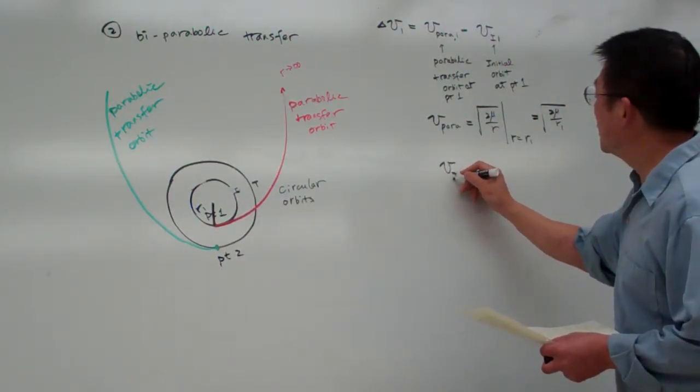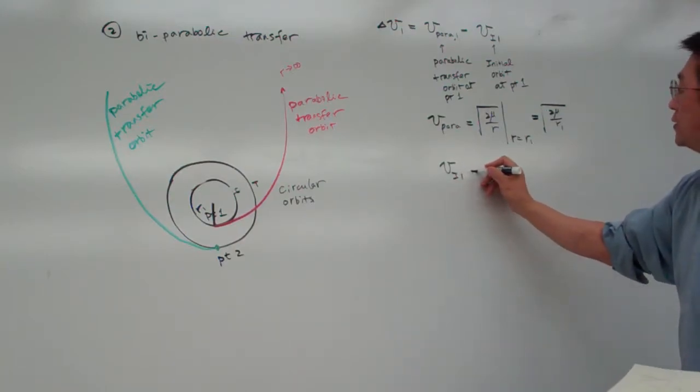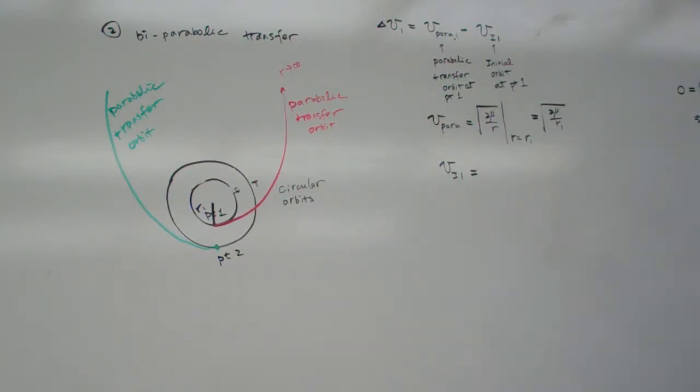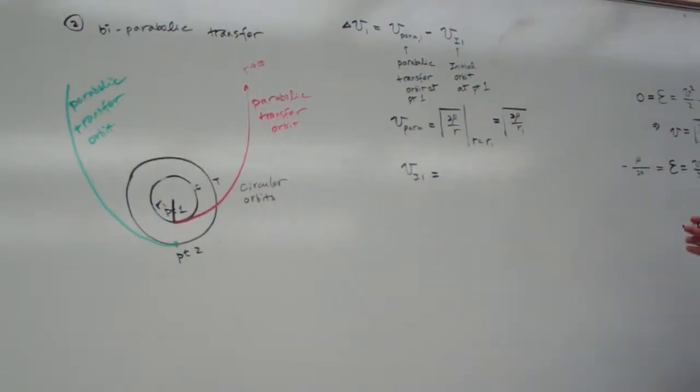And V at the initial target at point 1 is a circular orbit. For circular orbits, again, specific mechanical energy is equal to V squared over 2 minus mu over R. And for elliptic orbits, we have energy equal to minus mu divided by 2a, and 2a is the major axis.